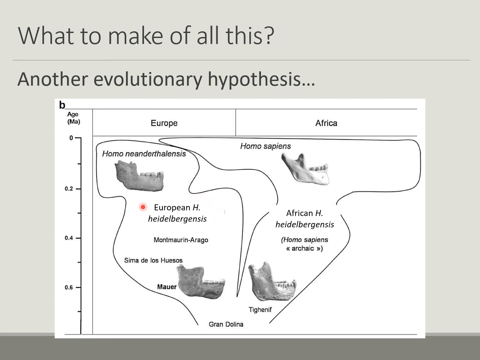And the European Homo heidelbergensis species, which includes the Cima de los Huesos specimens, the Mauer mandible, this eventually evolved into the Neanderthals, whereas the African species, which includes the Ndutu specimen and probably the Bodo specimen, this evolved into Homo sapiens.